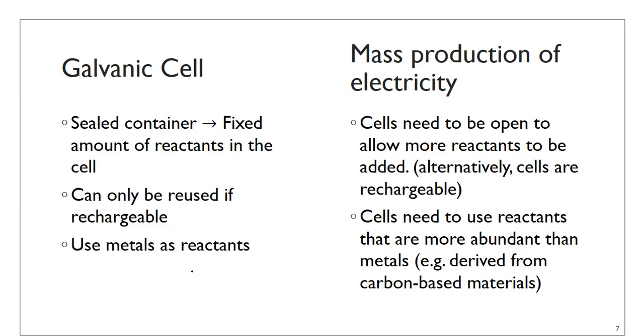So if you can come up with a battery that would use a carbon-based fuel, or something that we can produce over time, and a battery that is open, in the sense that you can add more reactants in if you want, then that would be a little bit more convenient for mass production of electricity.